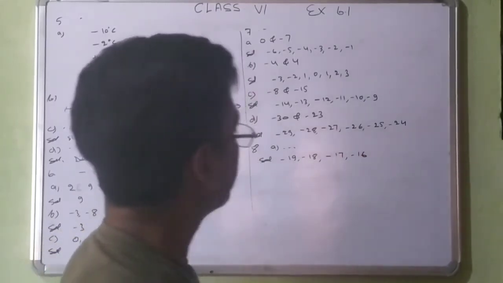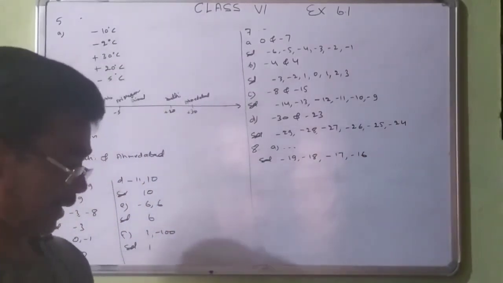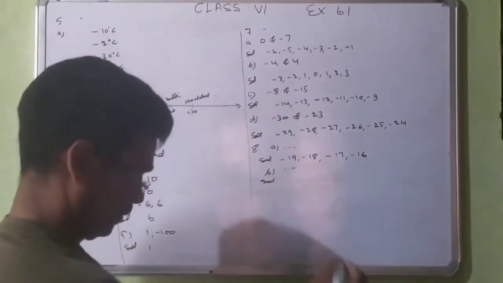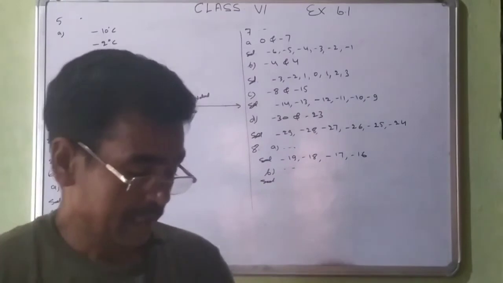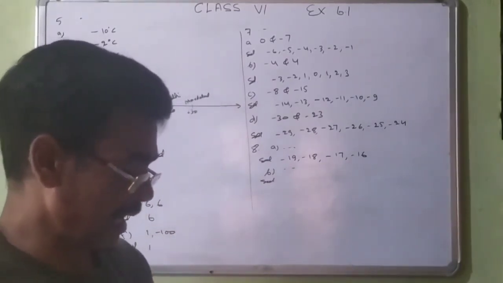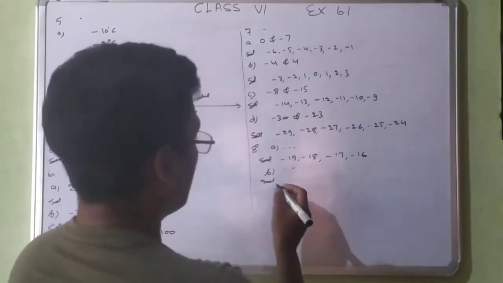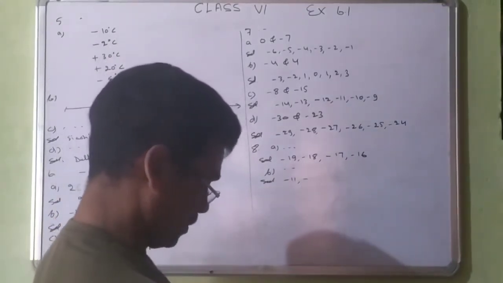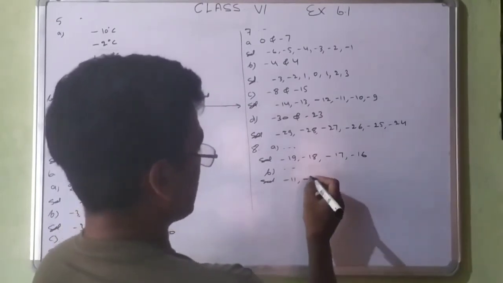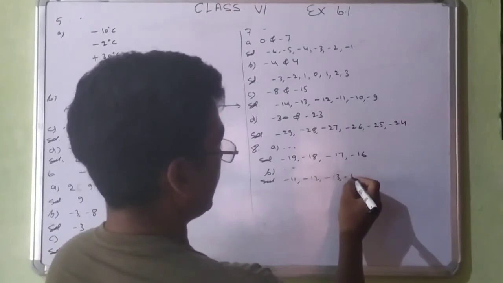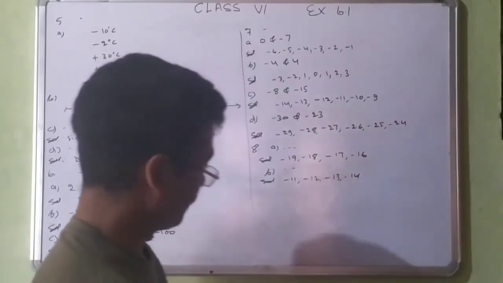These are greater than -20. B part, write 4 integers less than -10. Less than means -11, and then, 4 numbers: -12, -13, -14.